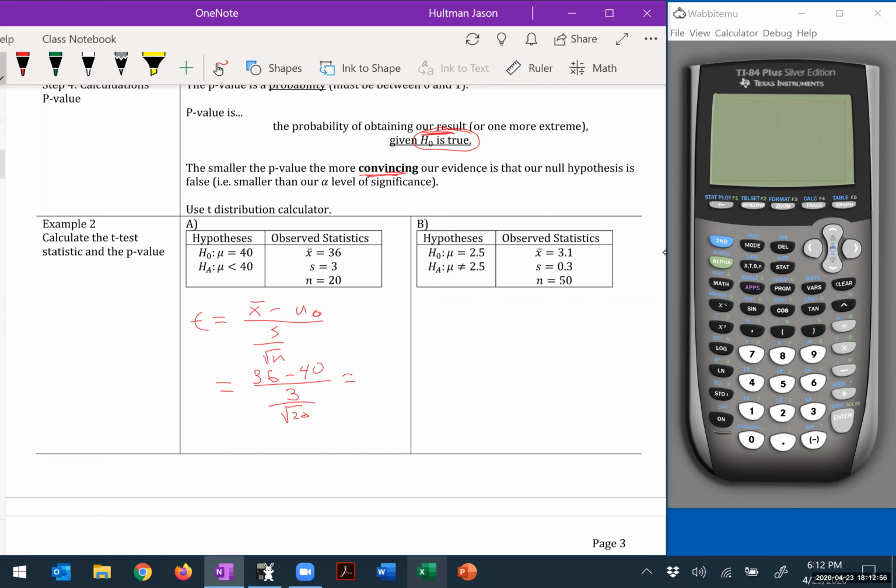I'm going to plug this into my calculator. I'm going to get 36 minus 40 and hit enter. Divide that by 3 divided by, I'm going to put a parenthesis because I'm doing fractions over fractions, the square root of 20.